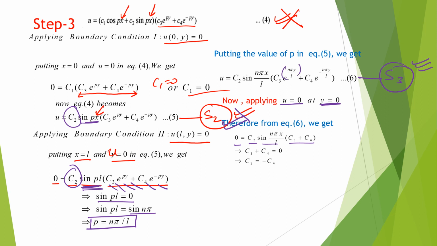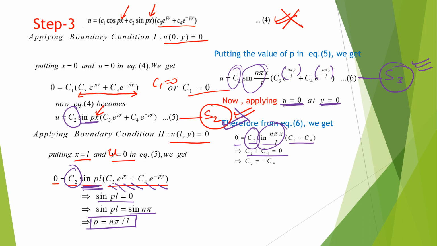Over here if we substitute 0, then e to the power 0 is 1, e to the power minus 0 is 1, so we have c3 plus c4. c3 plus c4 is 0 because we can't take c2 as 0 or sin n pi x by L as 0. The values which are not changed after substituting the boundary condition are not equal to 0.